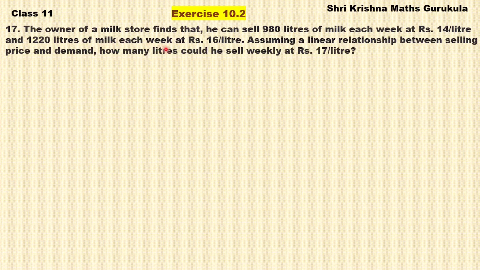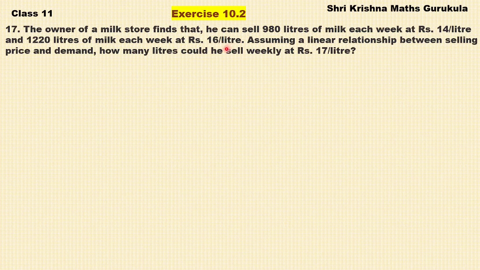The owner of a milk store finds that he can sell 980 liters of milk each week at 14 rupees per liter. There is a milk shop. The seller can sell 980 liters of milk at the selling price of 14 rupees per liter and 1220 liters of milk each week at the selling price of 16 rupees per liter.